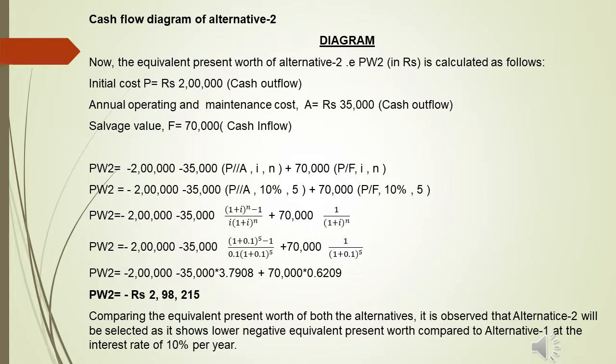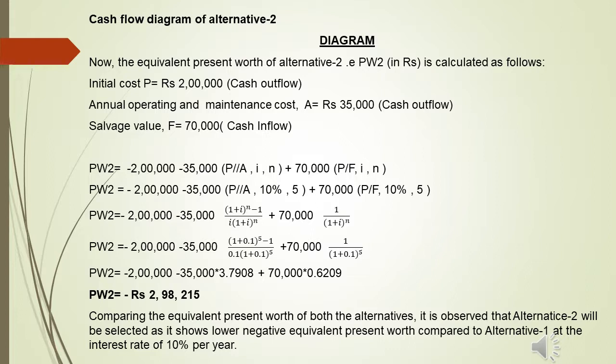In the question they have given the initial purchase cost, 2 lakhs, so the arrow will come down. Next, annual operating and maintenance cost, again rupees 35,000, and the expected salvage value will be 70,000. So 70,000 will be up, and 35,000 and 2 lakh will be in the downward direction. So draw that cash flow diagram, and next you have to solve for PW2.